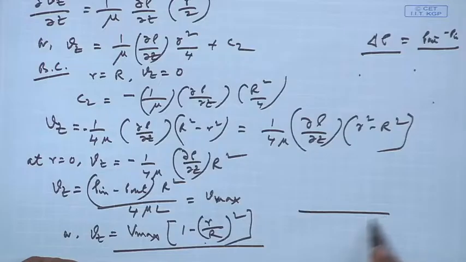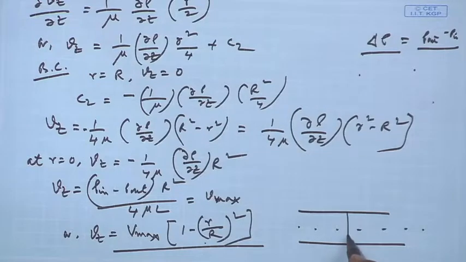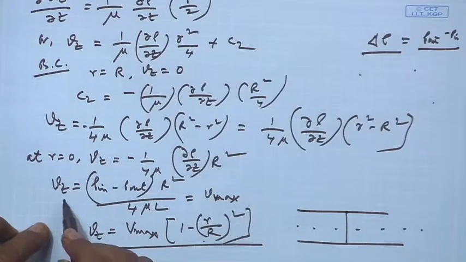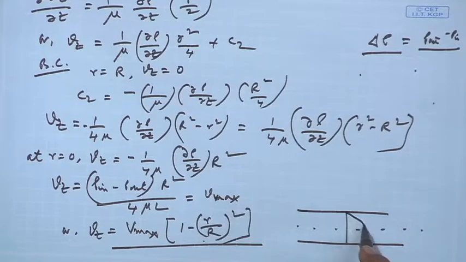This is the pipe, this is r. So velocity is 0 at the pipe wall and Vz is maximum at r = 0. So if this is the maximum, then this will have a velocity profile like this. This will be the velocity profile in the pipe.